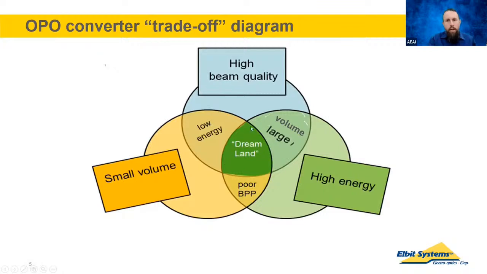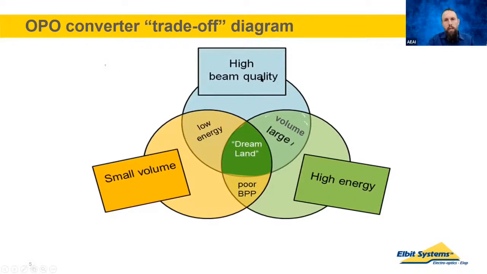At the center of the diagram you see what we call the dreamland. It is the overlapping zone of all these three requirements. But regretfully, usually when we want to have them all, we can't. We can choose two, but we need to give up the third.